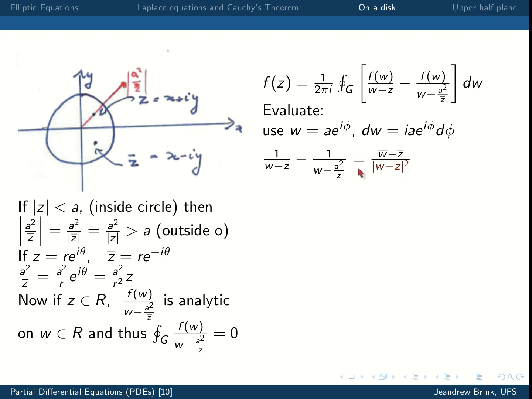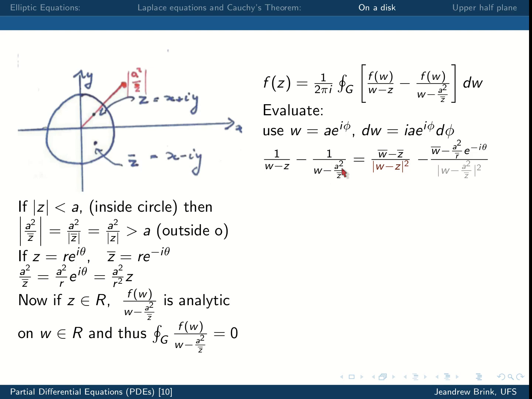Okay, and we can firstly put all the complex numbers in the numerator, so you multiply above and below by the complex conjugate to get w bar minus z bar, over the norm of w minus z squared, minus, and you do the same thing over here.